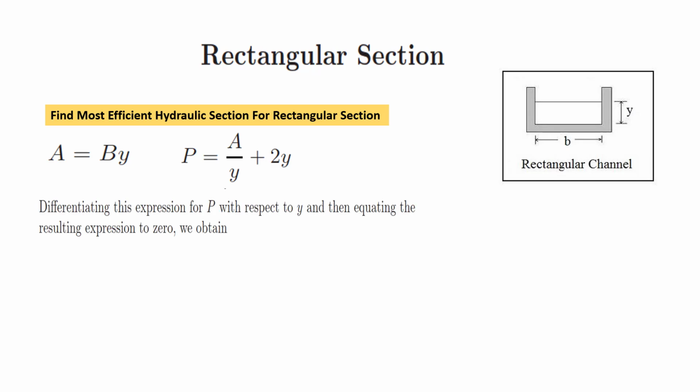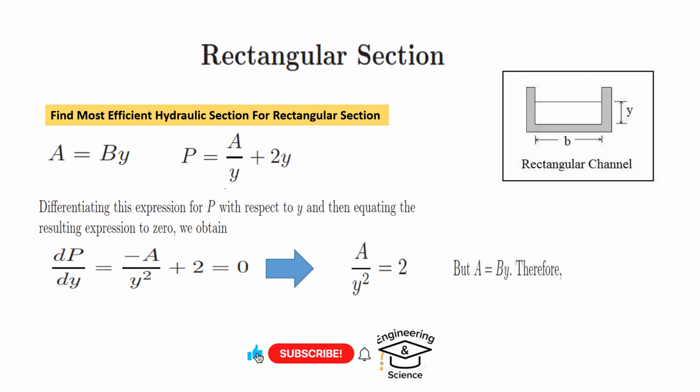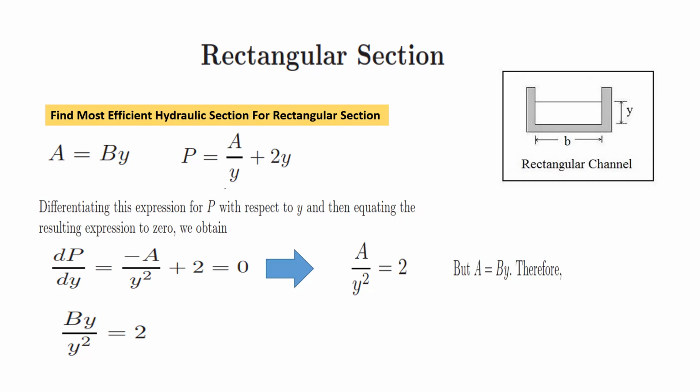This is an explanation. This one, derivation of the wetted perimeter equation. This arrow, this one, but area equal to by, so we have to replace a with by. So y cancel each other. So let's see how it will change. It will be b over 2y.